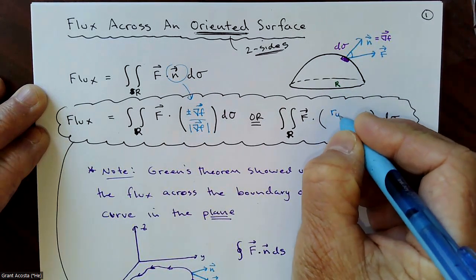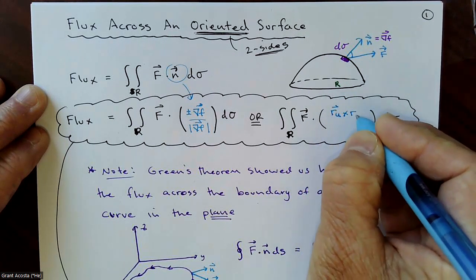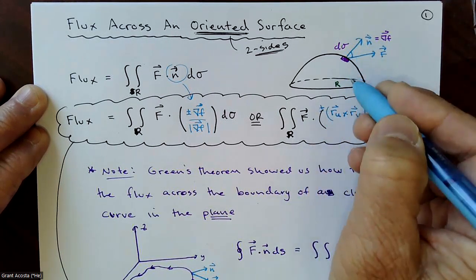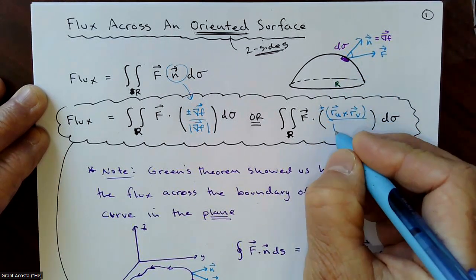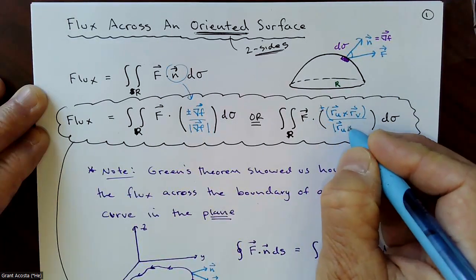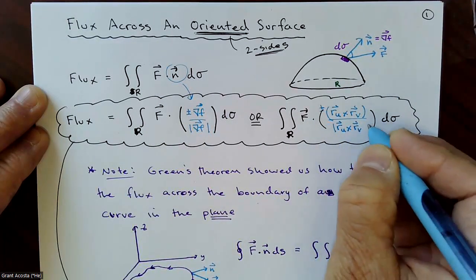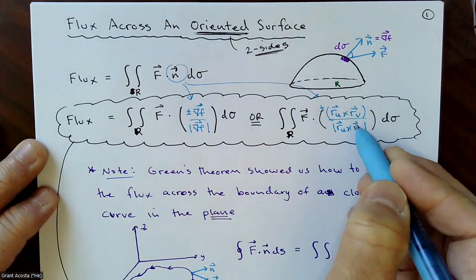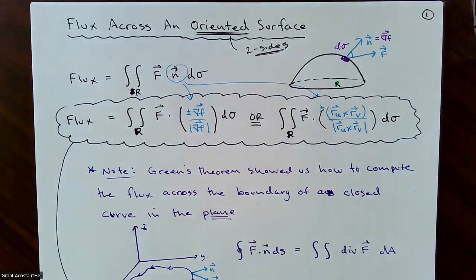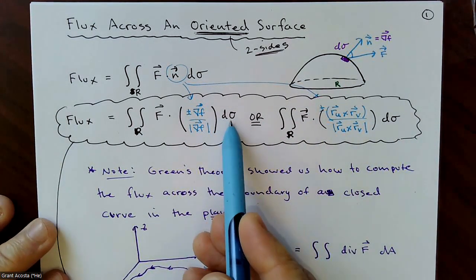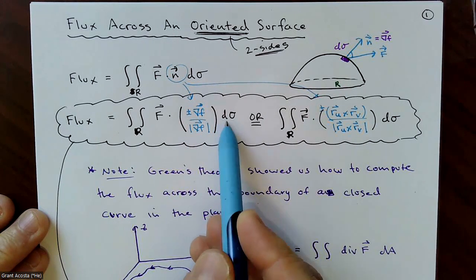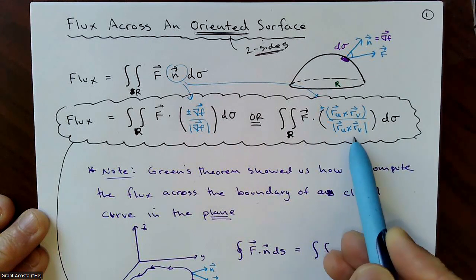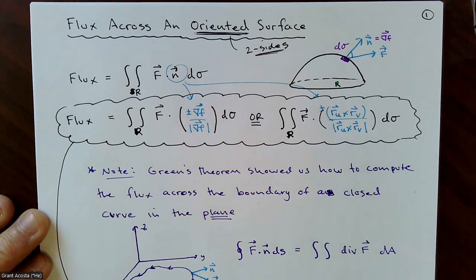So you could do R sub u crossed with R sub v, again plus or minus, because we want to make sure it's pointing one way or the other. And to make it a unit vector, we would divide by that magnitude. So either one of these formulas can go in for n, and depending on which formula you use, we've talked about a formula for d sigma that involves the gradient vector, and a formula for d sigma that involves a parameterization of the surface in two variables.